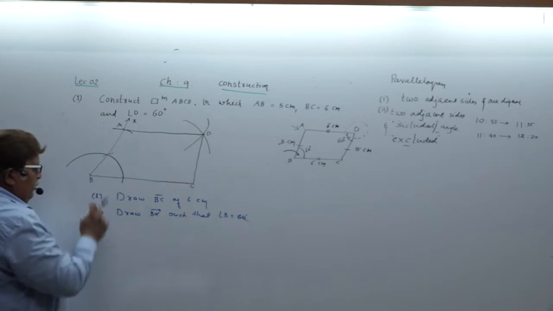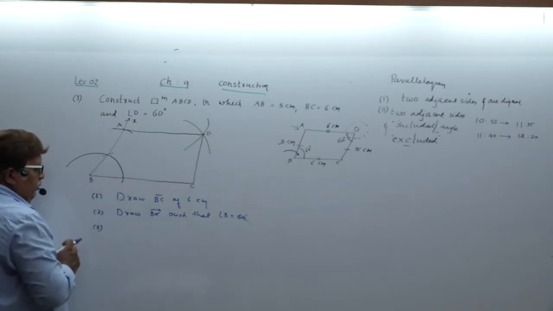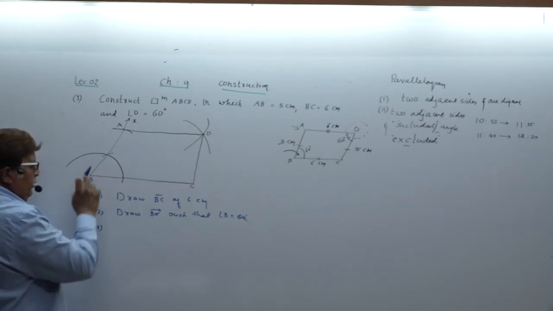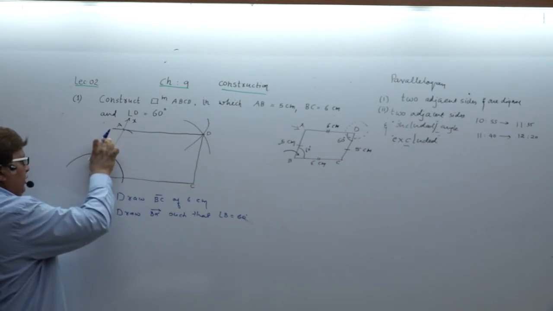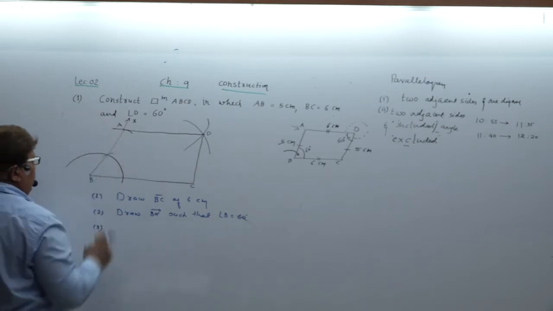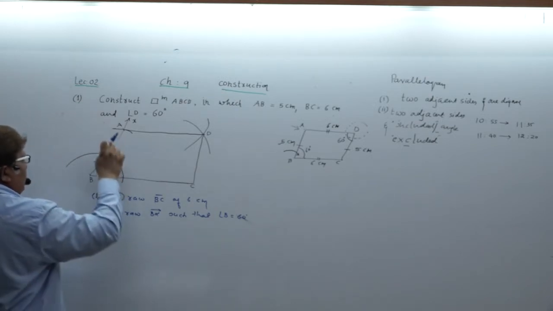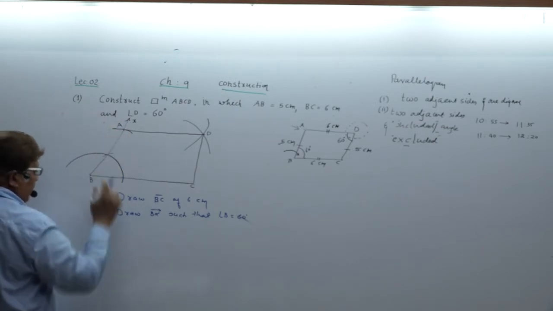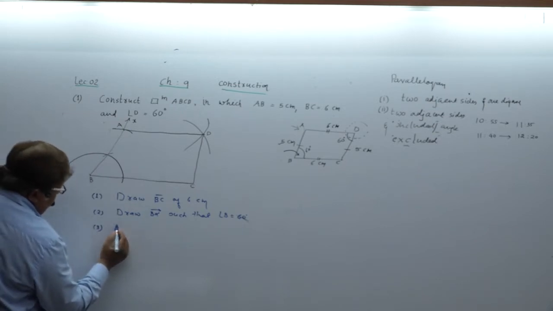Third step, as you know, you have taken B as center and you have taken radius of 5 centimeter to draw an arc which intersects ray BX at point A. Okay.